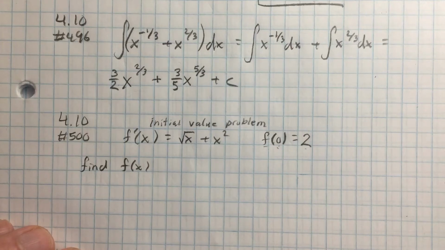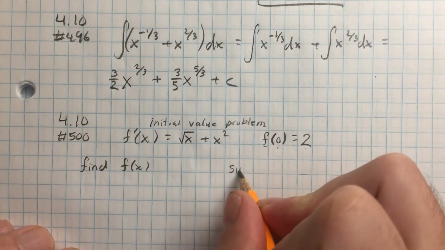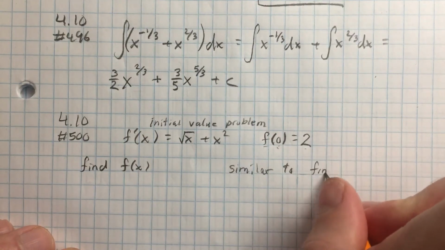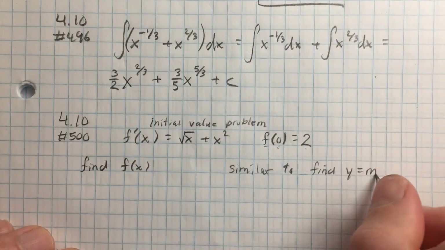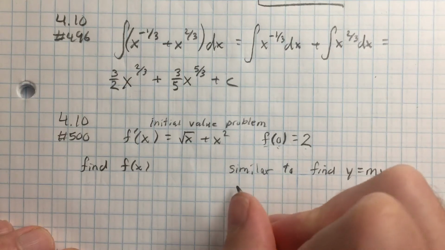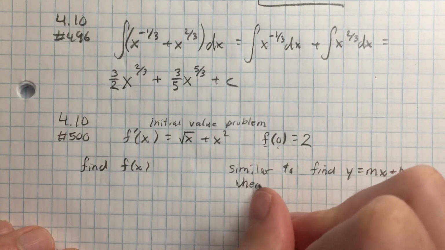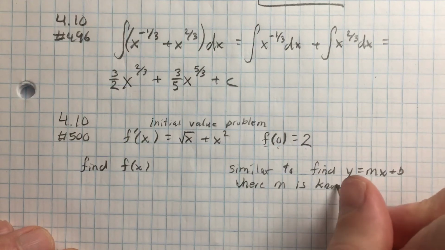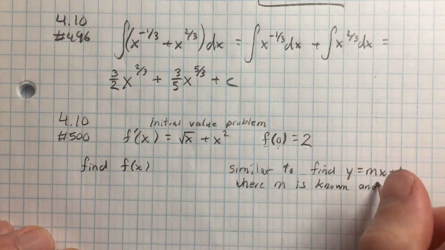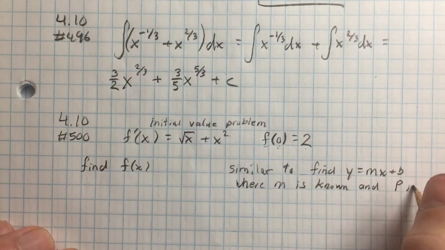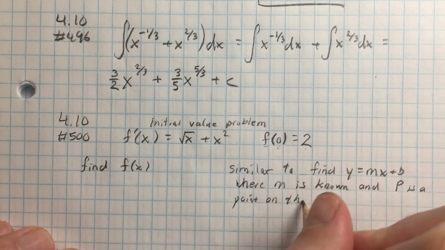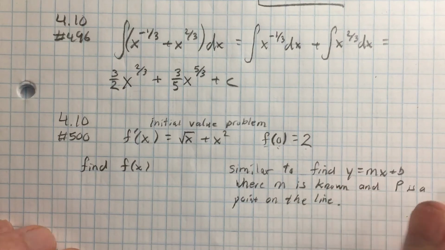So this is similar to: find y equals mx plus b, where m is known, you know the slope, and p is a point on the line. This is just an abstract version of this.